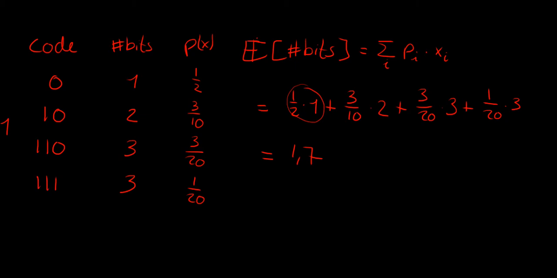Furthermore, you could say, well, for the other ones, for this one and this one, you could make a different code. Let's say you could make for this one maybe 0, 1, and for this one a 1, for example.